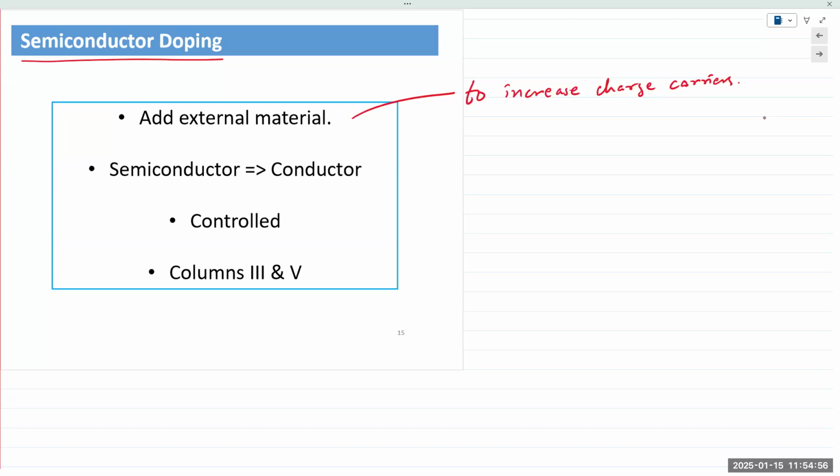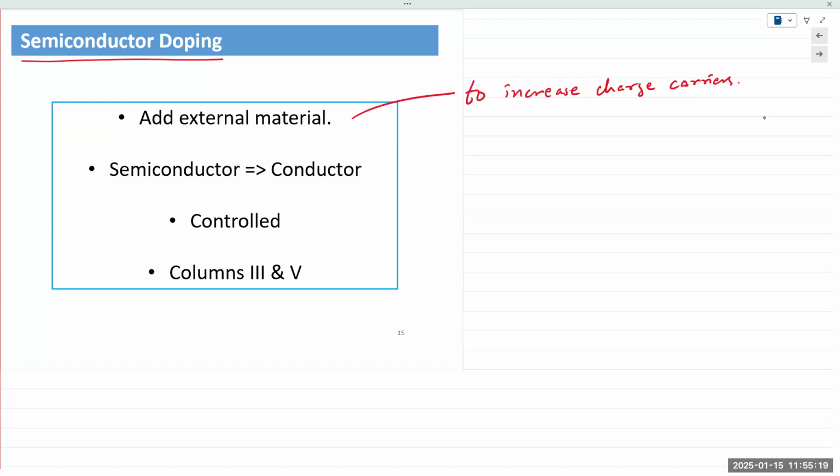Now, the reason this is important, and the reason why we do this, not just why we are able to do it, is because of control. If we are introducing external impurities or external material into our intrinsic semiconductor material, we can control the amount that goes in.